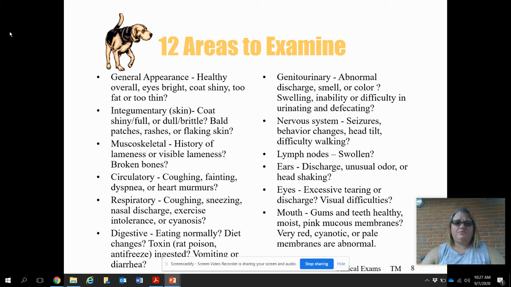Nervous system could be anything like seizures, behavior changes, a head tilt, difficulty walking. Lymph nodes could be swollen. So we have lymph nodes in our armpits and then under our neck and then different places in the groin area and through the abdomen.